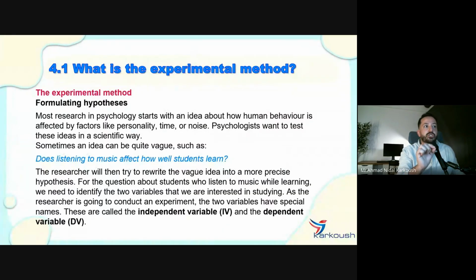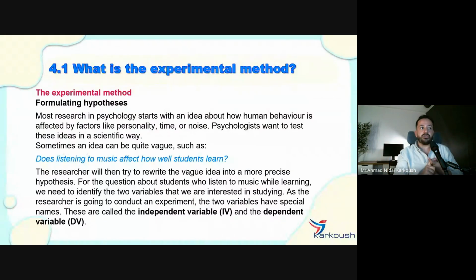Now, the researcher will always try to rewrite that vague idea into a more precise hypothesis. For the question about students who listen to music while learning, we need to identify the two variables. There's the DV and then there's the IV.